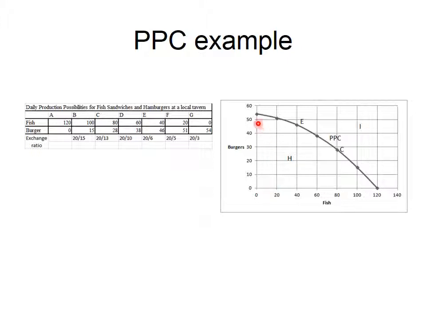So if we maximize our use of resources, we make 54 burgers or 120 fish, or the maximization of resources anywhere along this line. Now, if I'm producing in here, I'm not maximizing my resources. Why not? Well, maybe my cooks are a bunch of drunks and stoners, and so they're not working as efficiently as they could.